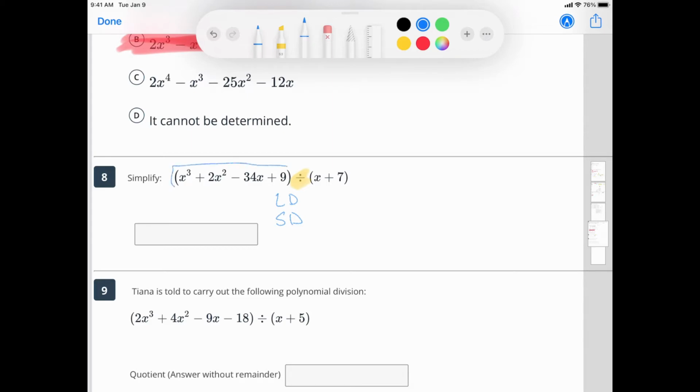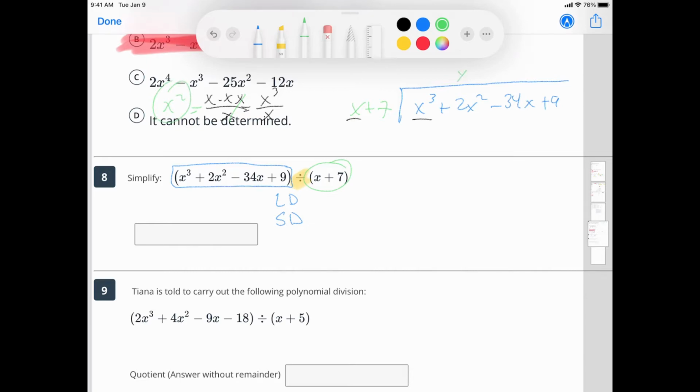Okay, so here is the dividend. And we already kind of outlined the steps above, so you have x plus 7. We're going to divide x into x cubed, and this would be x squared.